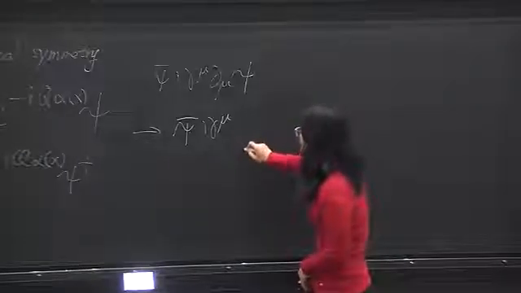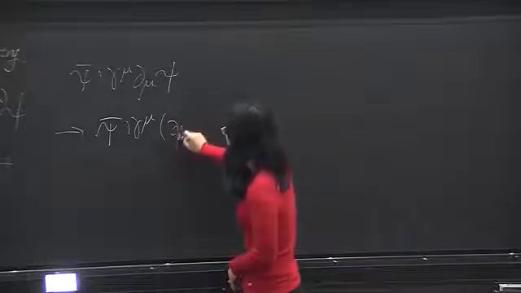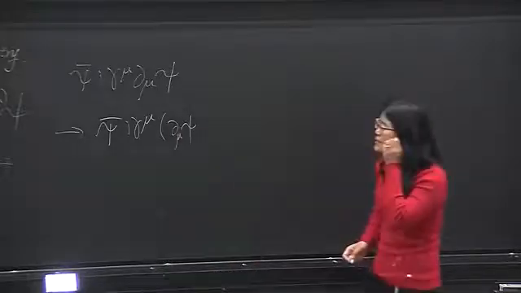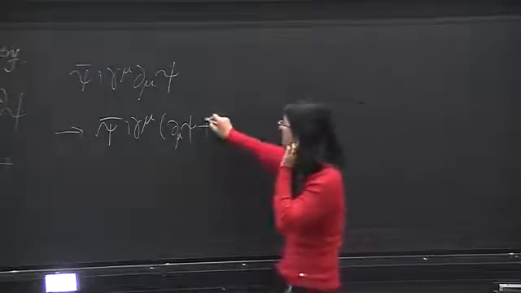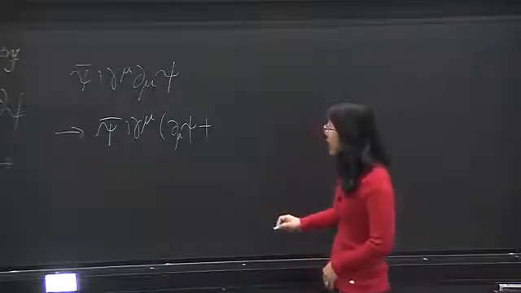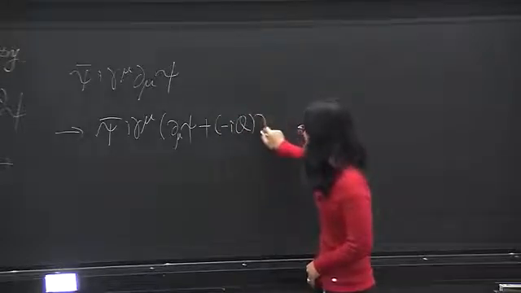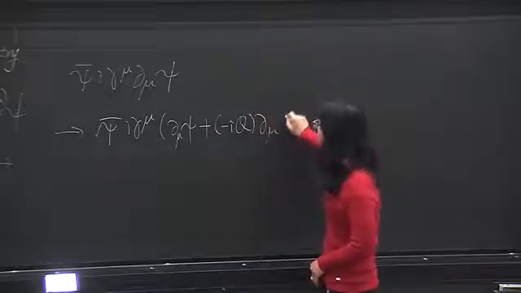Okay, let me just write it. There is a term with partial mu acting on psi, and then there is the other term, which is partial mu acting on the exponent, which gives me minus i q partial nu alpha.